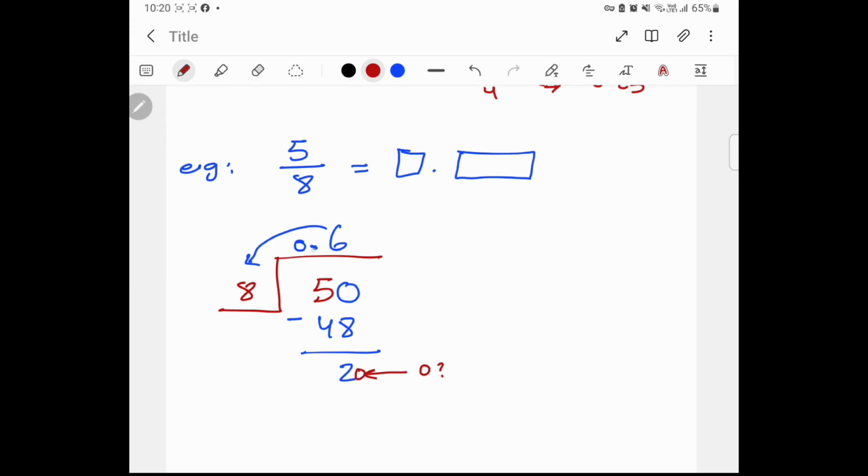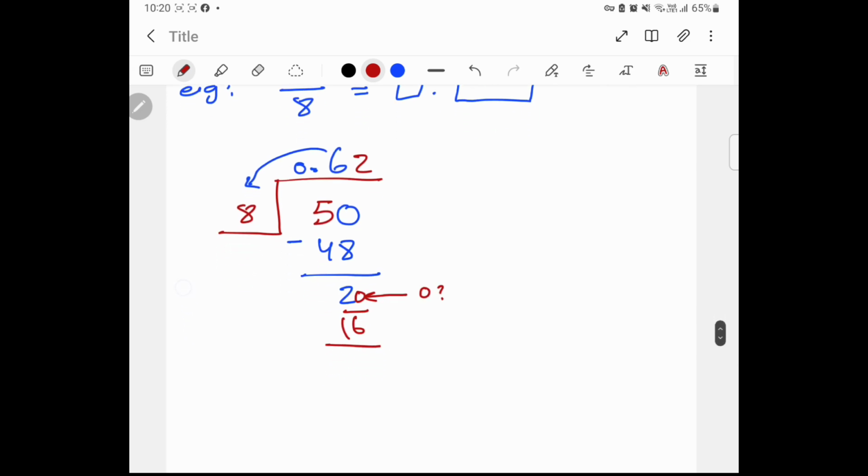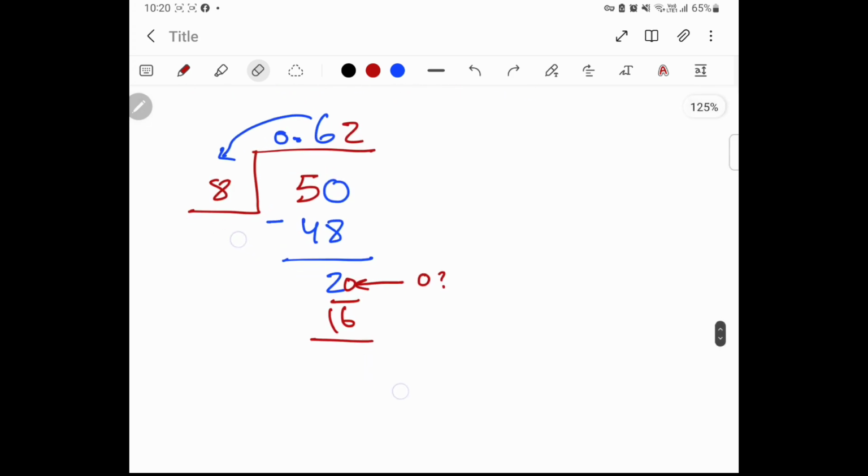But we don't need to add any decimal because we already added the decimal point. So now we have 20 divided by 8 is 2. So 2 times 8 is 16. Now perform the subtraction. Twenty minus 16 is 4.